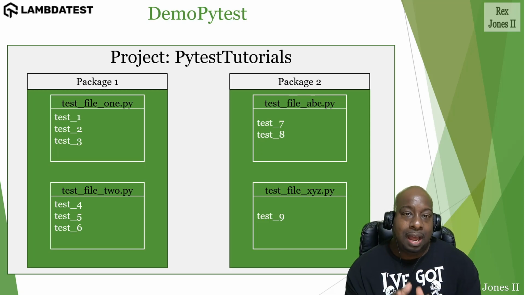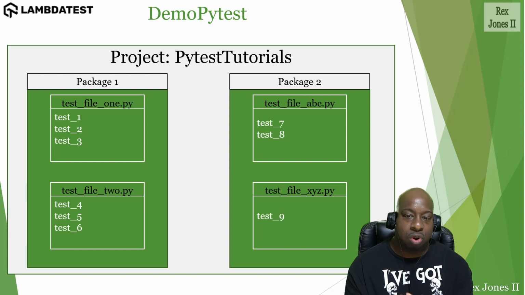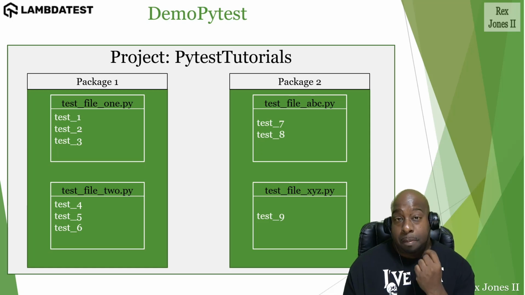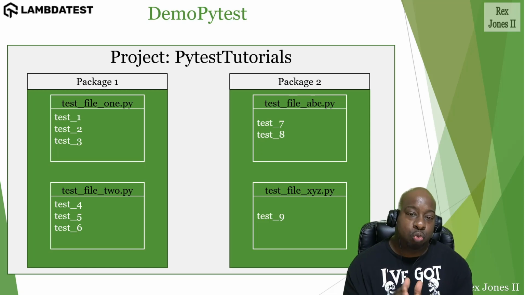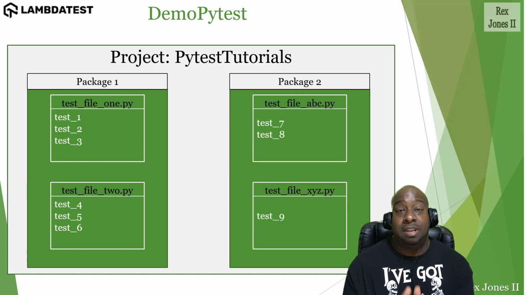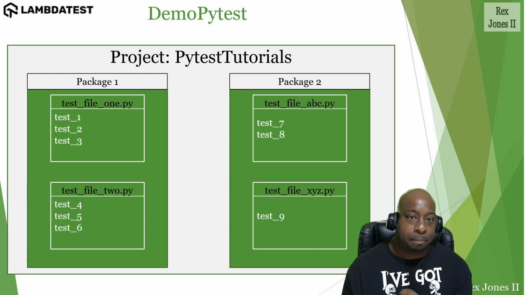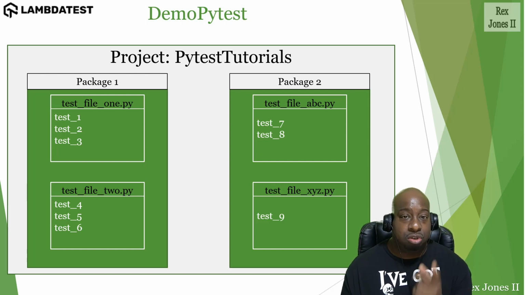For instance, I may show you how to run test 1 and test 9. Although they are in different packages, PyTest provides a way for us to execute a subset from different packages. PyTest also allows us to run a subset from the same package. For example, only execute test 2, test 5, and test 6 from package 1.